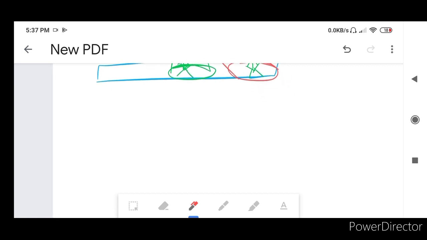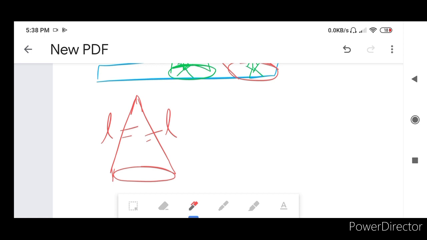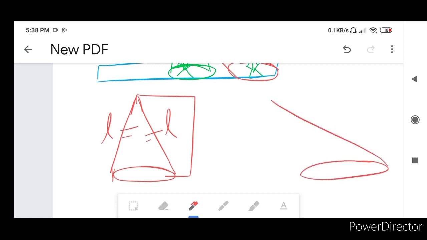Let me tell you. For example, say this cone, this spotlight cone. Now see, this L will be equal to this, and it will have a certain height. Same if we talk about this one, then this L will not be equal to this.